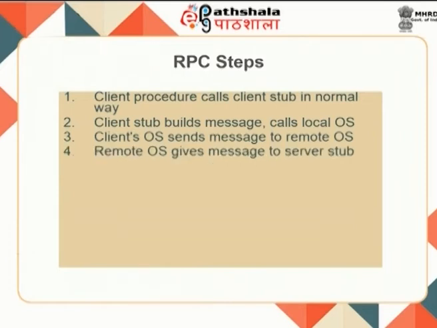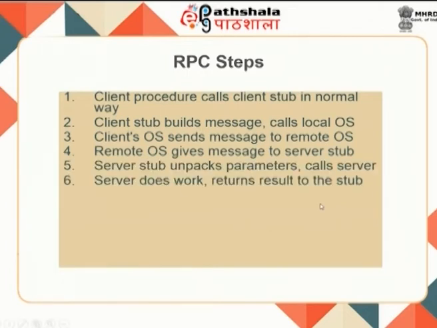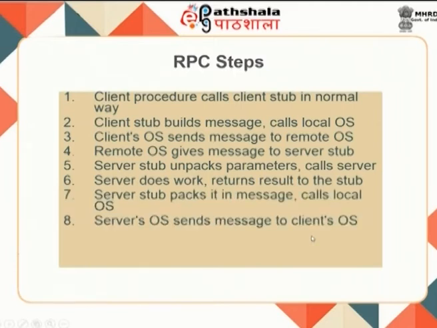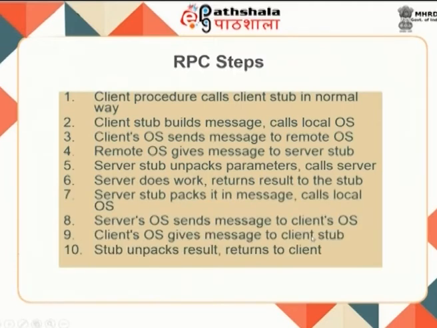The remote OS delivers the message to the server stub. This is still in a format not understandable perhaps by the receiving process. The server stub will unpack the parameters, and then the server is called. The server executes and returns the result, and it comes back in a similar path.